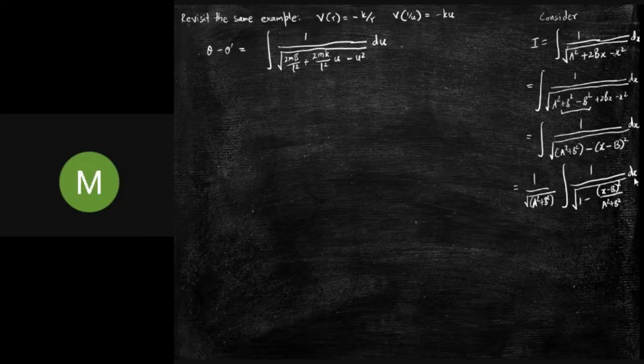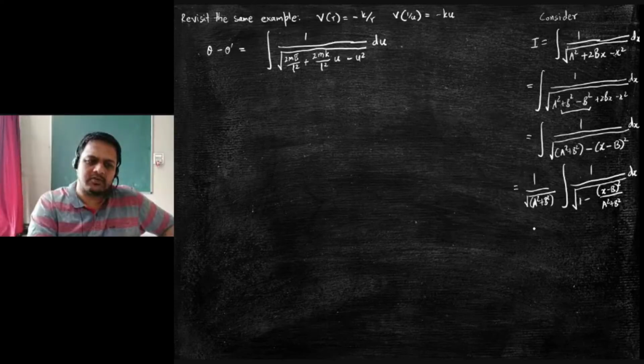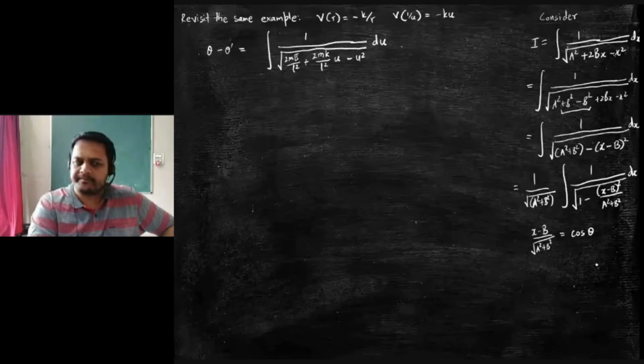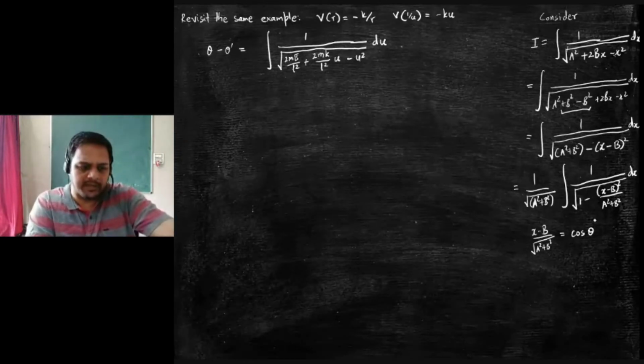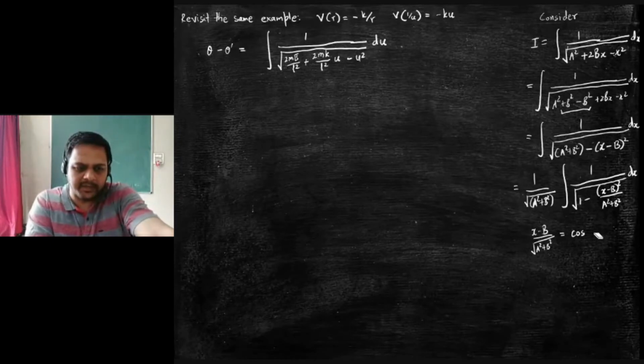Yes, sir. Now substitute x minus b upon square root of a square plus b square. Let it be what? Cos theta. ठीक है? Or if you are unhappy with theta because theta is there in the main problem, cos phi.